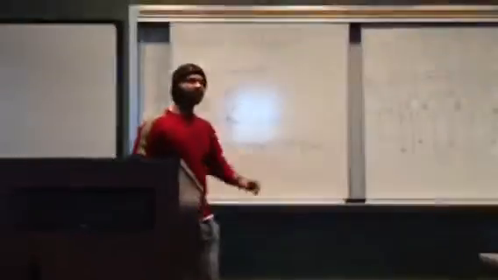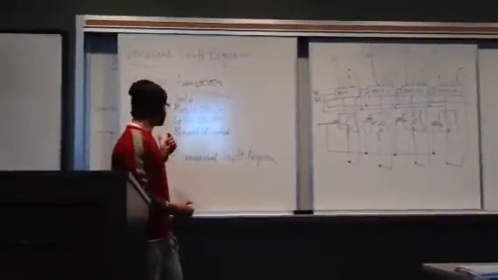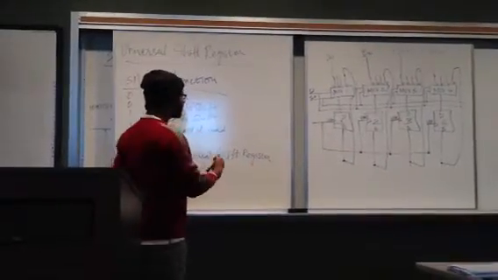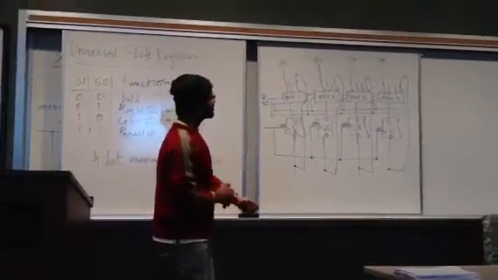Okay? Next. At 0, 1, it should do a right shift. Right shift implies it should move to this side. Actually, you know what? I think I was wrong. Yeah, you have to look from your perspective. This is the left shift, this is the right shift. So, at 0, 1, it should do a right shift.